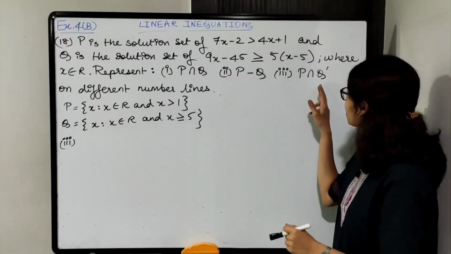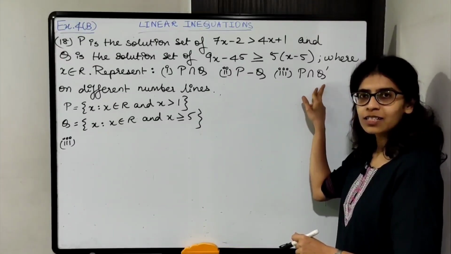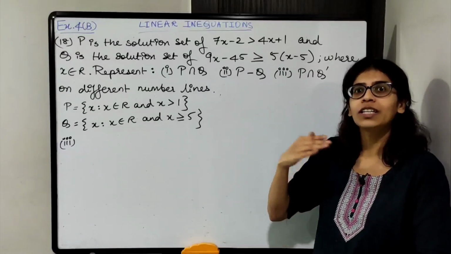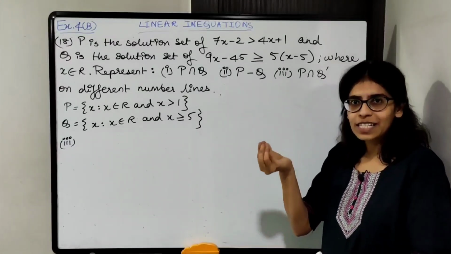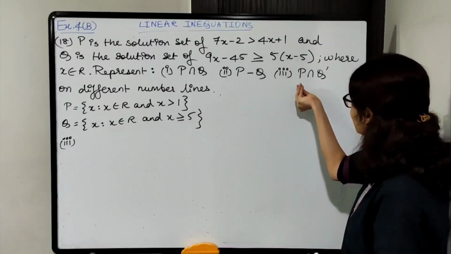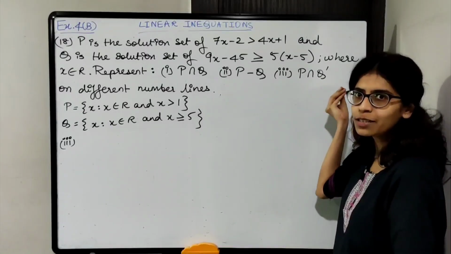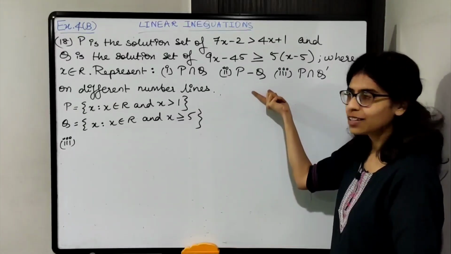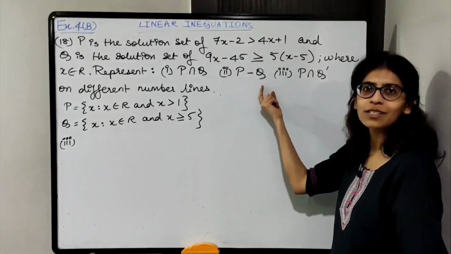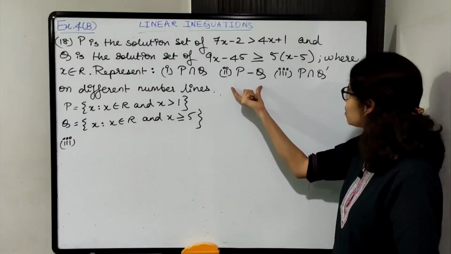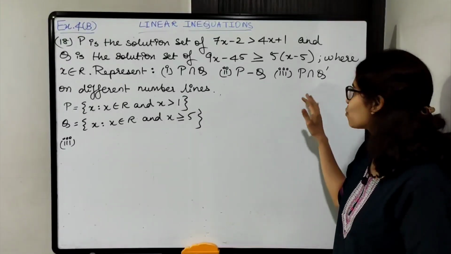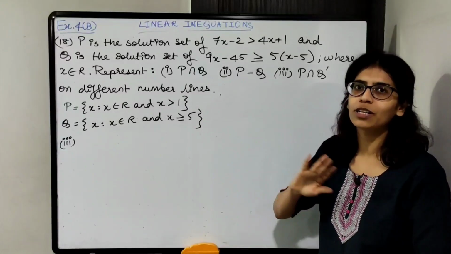So that is, Q dash consists of all those numbers which are not there in Q. Okay, which are not there in Q. So basically you are finding the numbers which are present in P and not present in Q. यही है वो, numbers present in P but not present in Q. So P minus Q is nothing but P intersection Q dash, same ही मिलेगा. Okay, so for P intersection Q dash same plotting होगा.